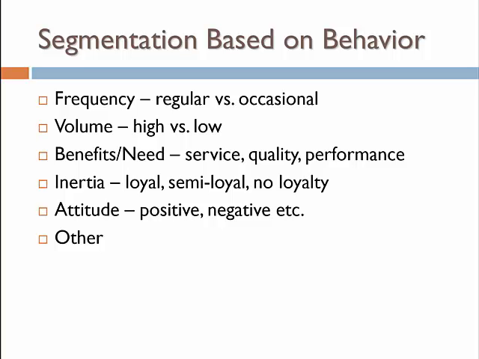Now, consumers may also differ on other behavioral dimensions, such as the loyalty that they exhibit in their purchasing decision. So, in the cola market, for example, there might be some consumers who are loyal to Coke or Pepsi, while there may be a third segment that just cares about cola and has no strong preference for either Coke or Pepsi.